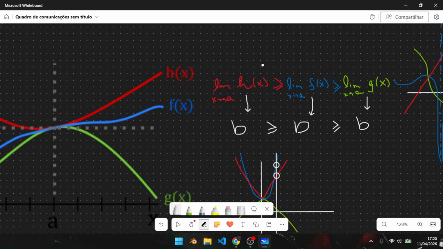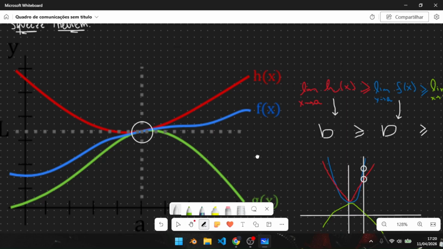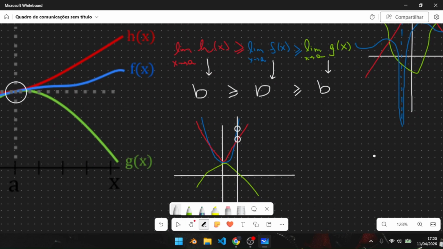You just knew the limits of two other functions, one that is above the function you're trying to solve, and one that is below, and you infer that the limit is the same as theirs. Notice how the red and the green functions are kind of squeezing the blue function on this area here. That's the squeeze theorem.